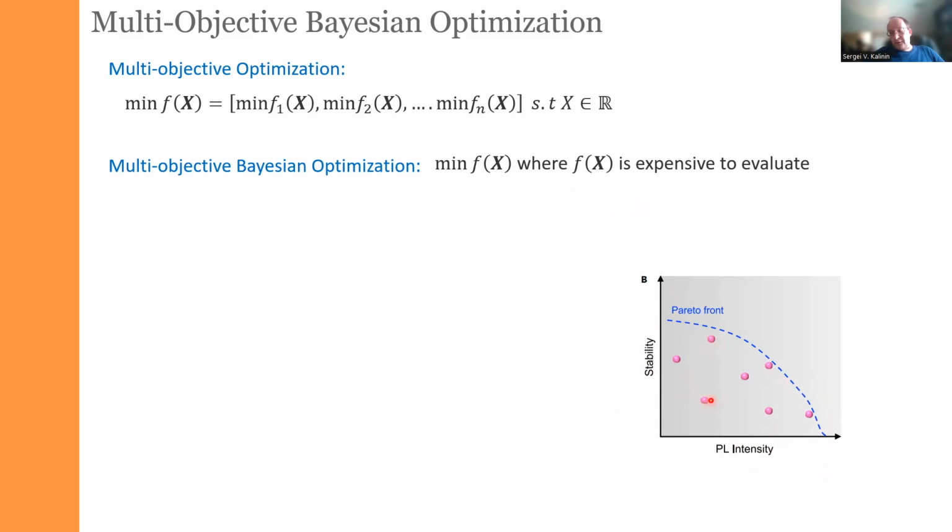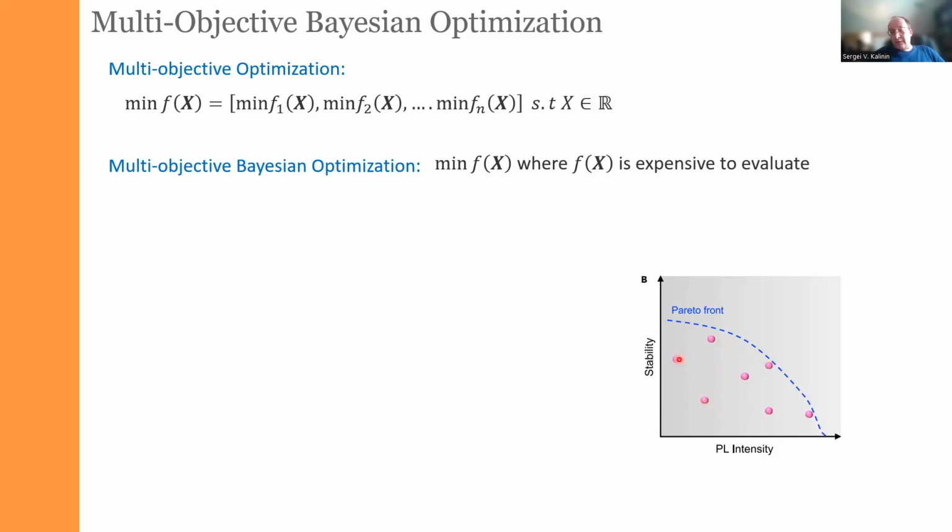You can see that for this one, there is a sample which has both higher stability and higher intensity at the same time. So clearly, this is not a very good sample. But for this, for example, we have samples that have high intensity, but if we improve intensity, then we are going to have lower stability.